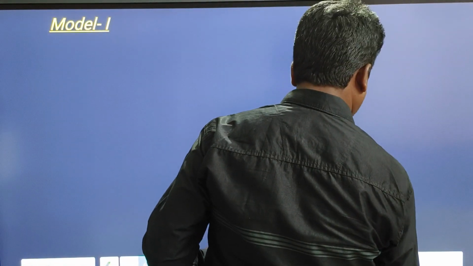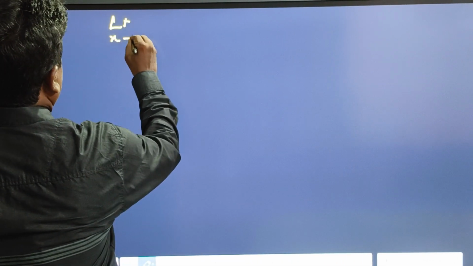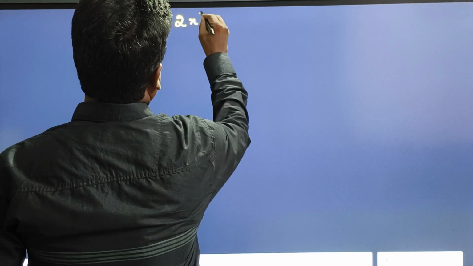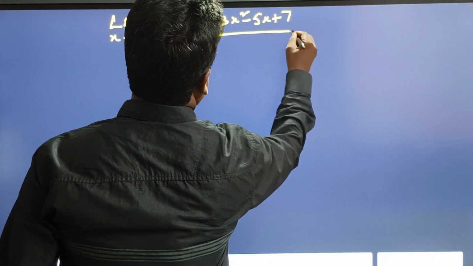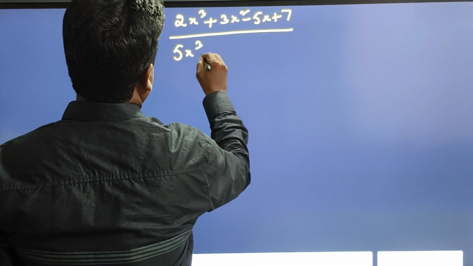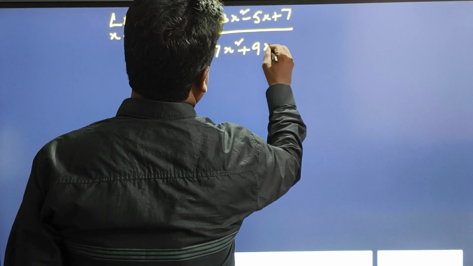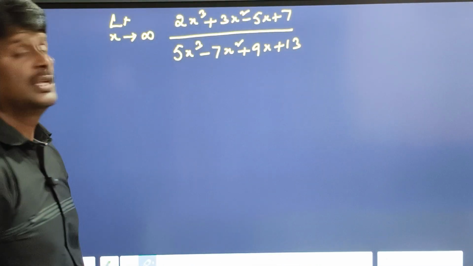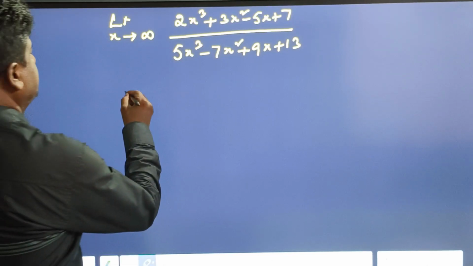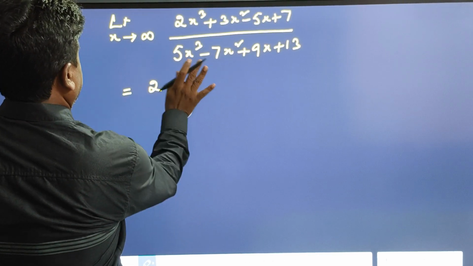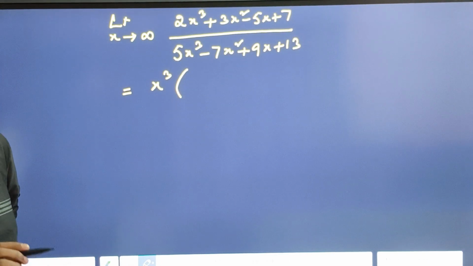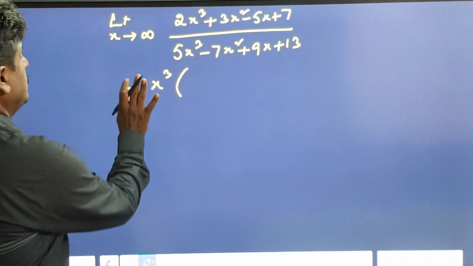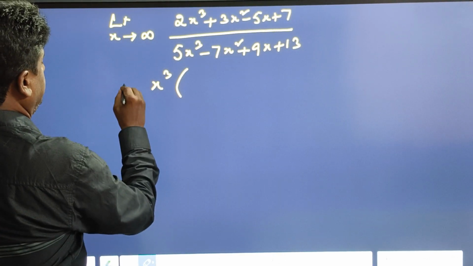Suppose the numerator and denominator degrees are equal: 2x cube plus 3x square minus 5x plus 7 by 5x cube minus 7x square plus 9x plus 13. Okay. What will be happening this time? x cube taken out common. Whenever x tends to infinity is given, always we need to think about taking the leading x power common.